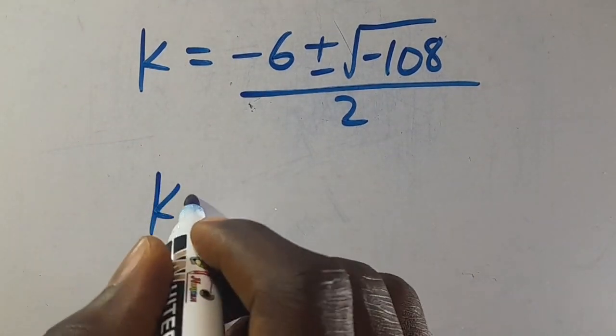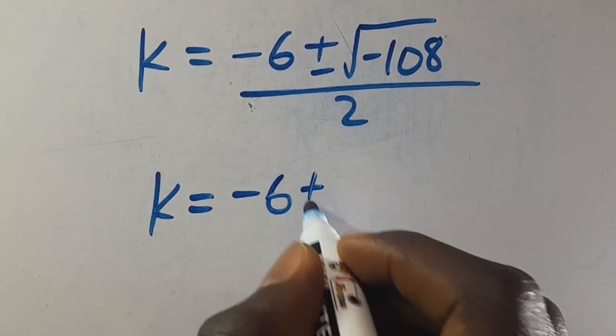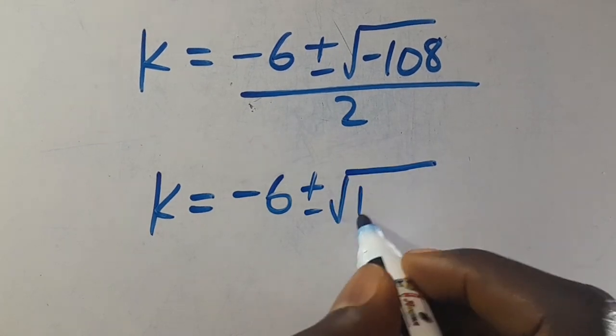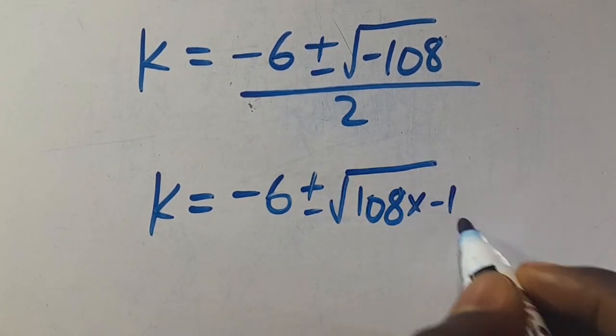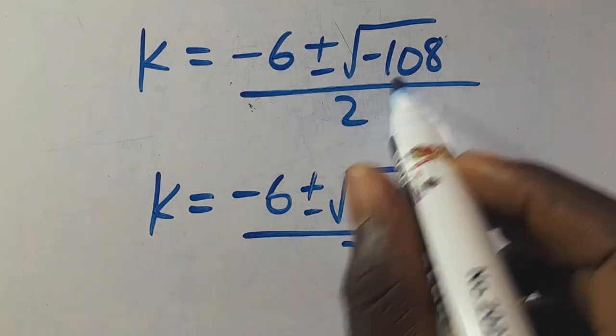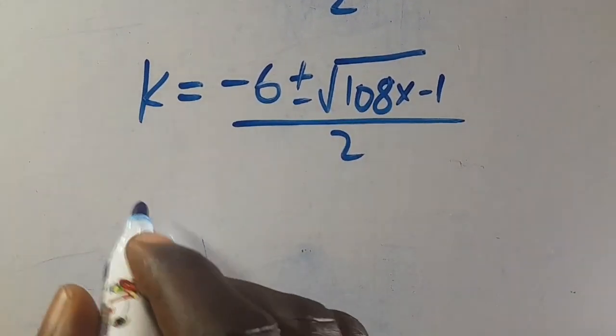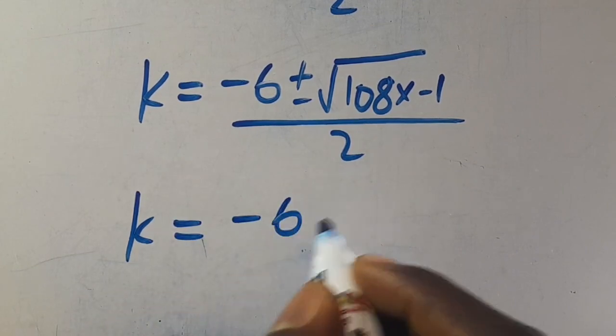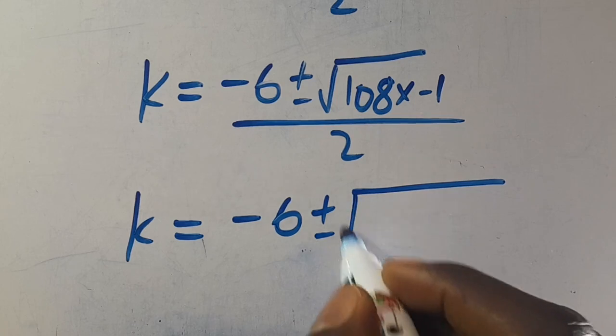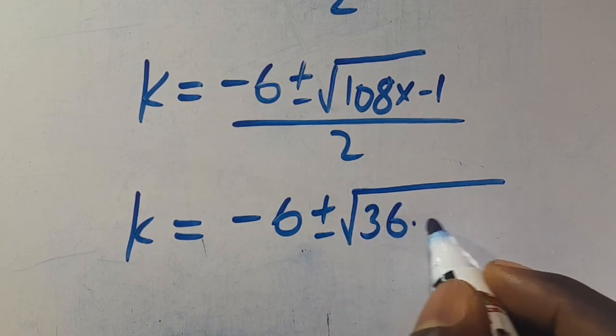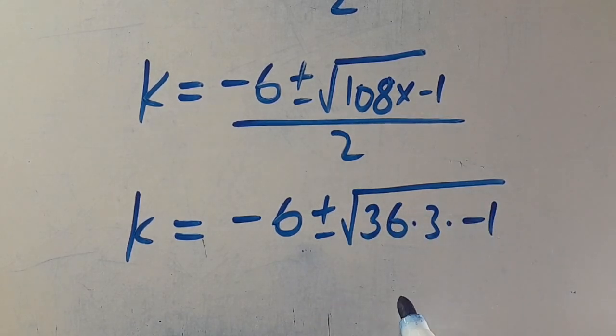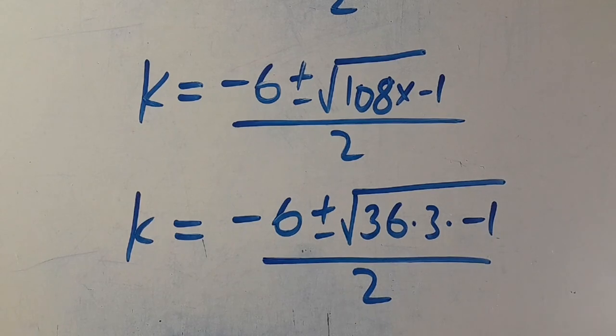So from here we have k equals minus 6, positive or negative, root of 108 times minus 1, divided by 2. This time, we have k equals minus 6, positive or negative, square root of 36 times 3 times minus 1. 36 times 3 will give us 108, all divided by 2.